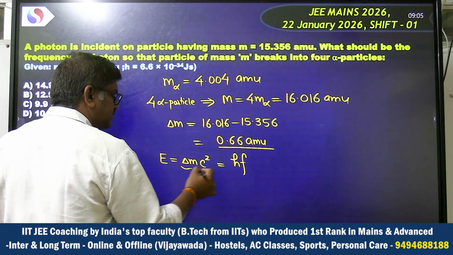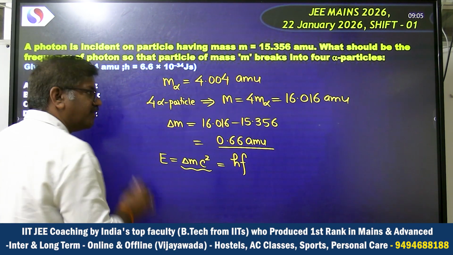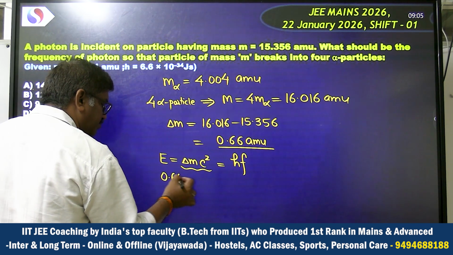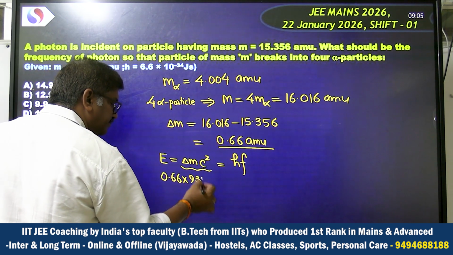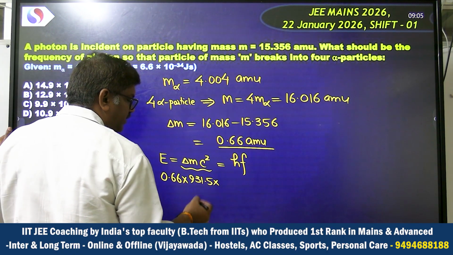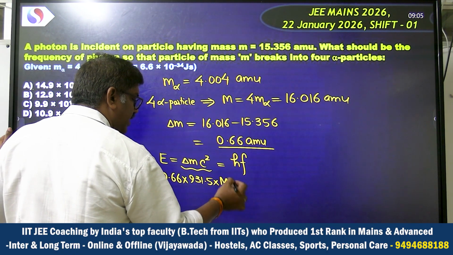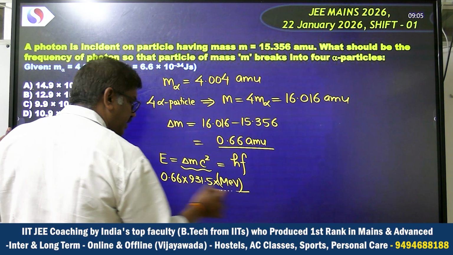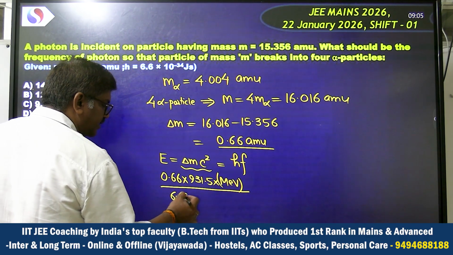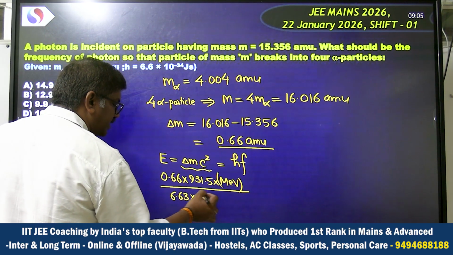When I convert this into units, you know how to convert mc square. We will say 0.66 into 931.5 MeV per c square, mega electron volt, divided by h, which is 6.63 into 10 to the power minus 34.